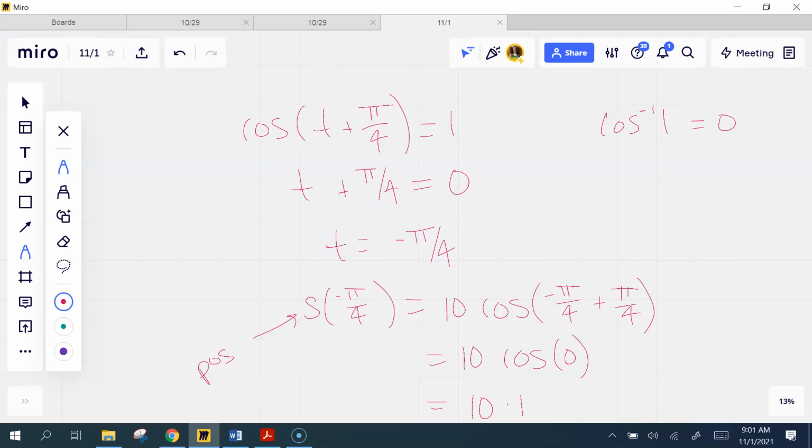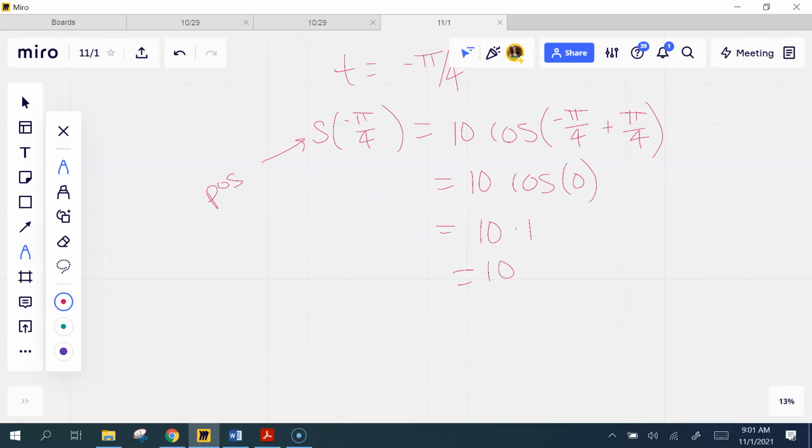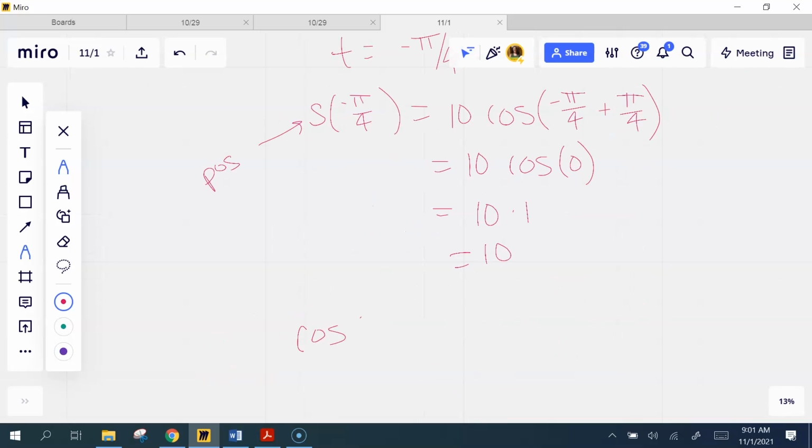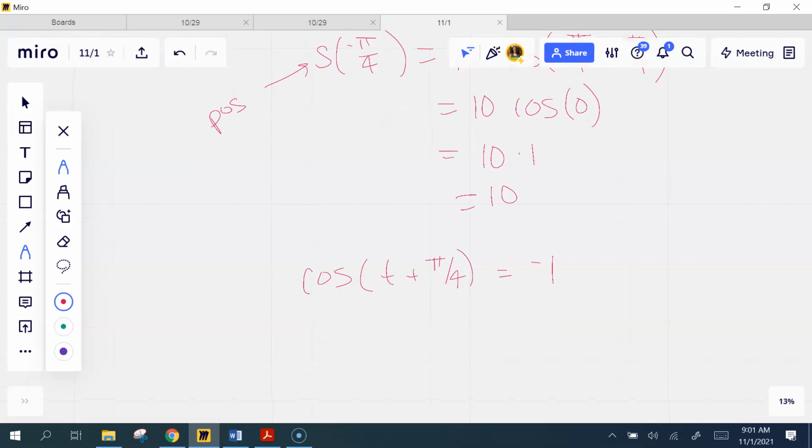Okay, so now we need to do when it's at negative 1. So where is the cosine of t plus pi over 4 negative 1? Is it 3 pi over 2? That's what we did wrong before. Where is the cosine negative 1 on your unit circle? It's not at 0, it's at pi.